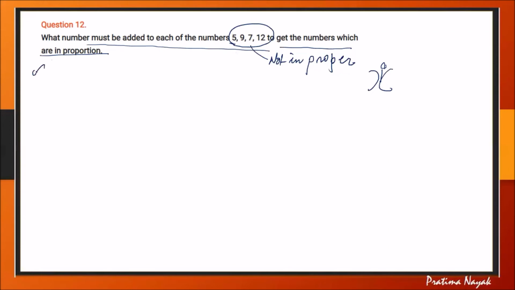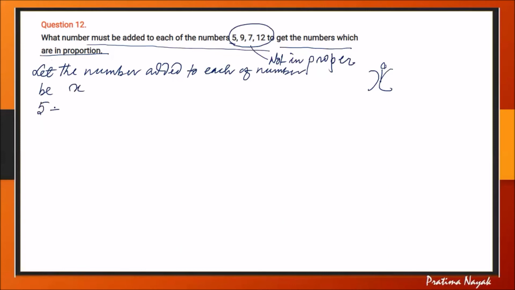So let the number added to each of the numbers be x. Then the first number will become 5 plus x, second will become 9 plus x, third will become 7 plus x, fourth will become 12 plus x.